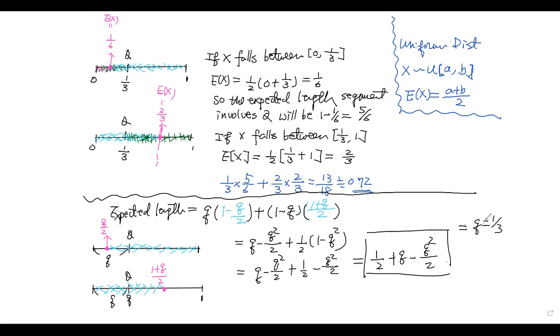All right, so this one basically tries to test your concept about uniform distributions, right? So the problem can change. Instead of the 0 to 1, they can give you a segment here.